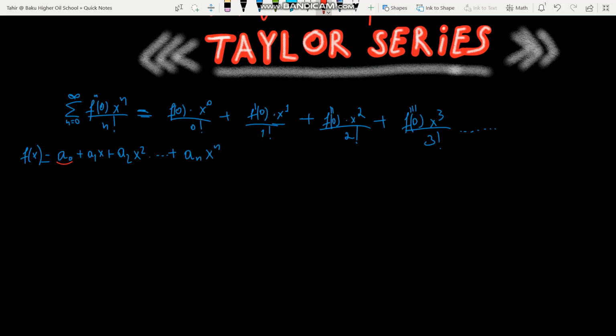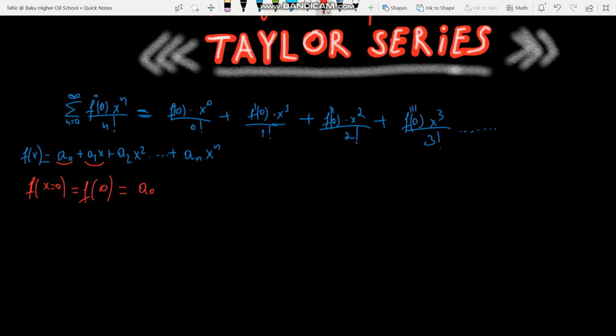And how can we do this? You can see that when x is equal to 0, let's write f0, the function is equal to a0. But in terms of a1, how can we derive a1 from this function?